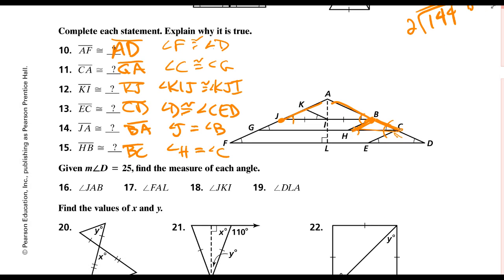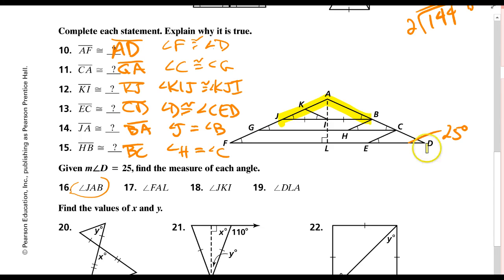So now, a little math for this. Now, they're going to tell us that angle D is 25 degrees. Oh, well, that's cool. So now we have to find the measure of each of these other angles. So JAB, oh, so if this is 25, then that would also mean that this guy is 25.